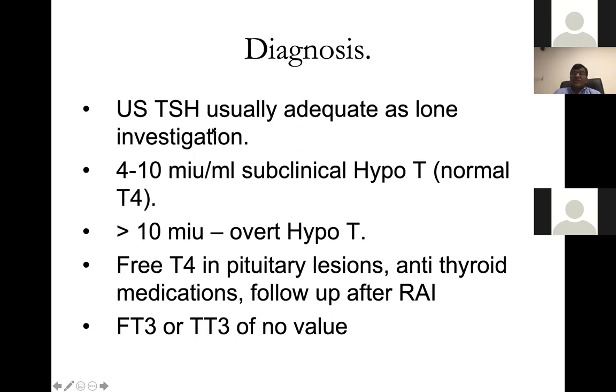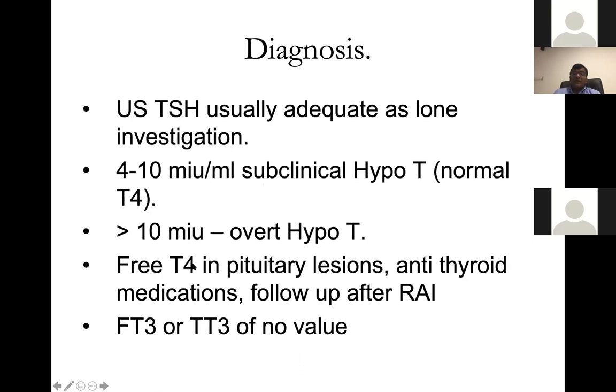So T4 is useful in that scenario. And in subclinical hypothyroidism, when the TSH is marginal, about 4 to 8, with normal T4, we call it subclinical hypothyroidism. When it is more than about 10, we call it overt hypothyroidism.